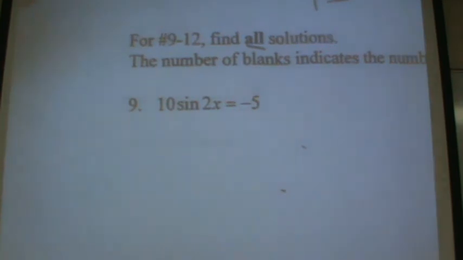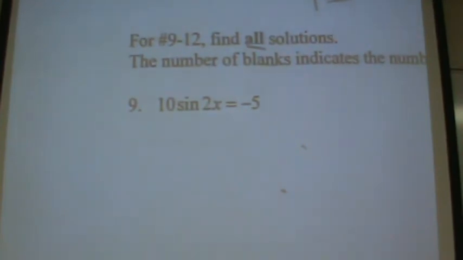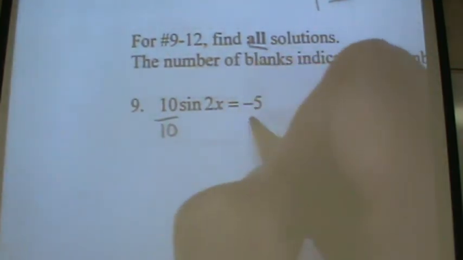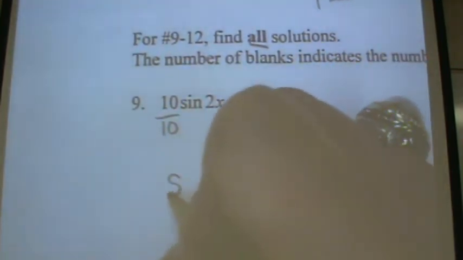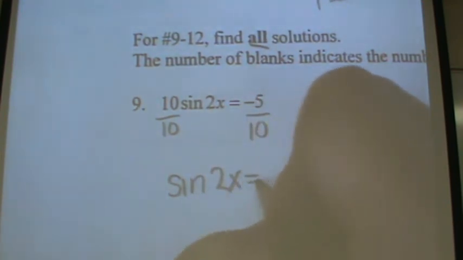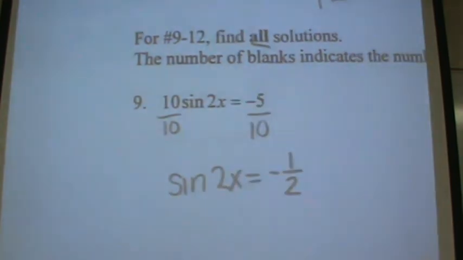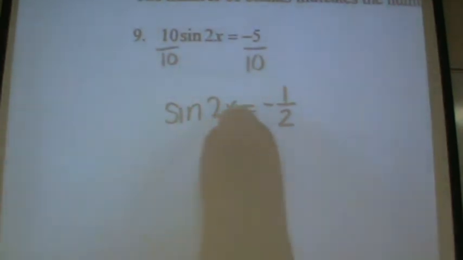Find all solutions. All means that you add or subtract 2k pi if it's a sine or a cosine. If it's tangent, add k pi. Okay, so what do I do here? I see this 10 in front. Don't want it there. What do I do? Get rid of it. How do you get rid of that 10? Okay, now, in the last chapter, we did these problems.